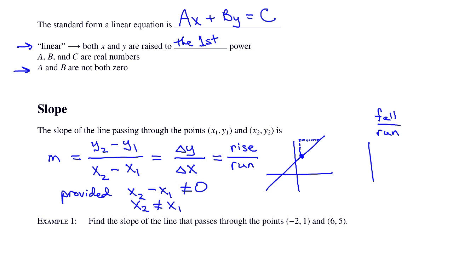In that case, you would have a line where you start at a point, and then you fall a certain number, and then you run. Notice the similarities between the graph on the left and the graph on the right. You always run to the right. And then the negative is handled in the numerator. You either rise if the slope is positive, or you fall if the slope is negative.